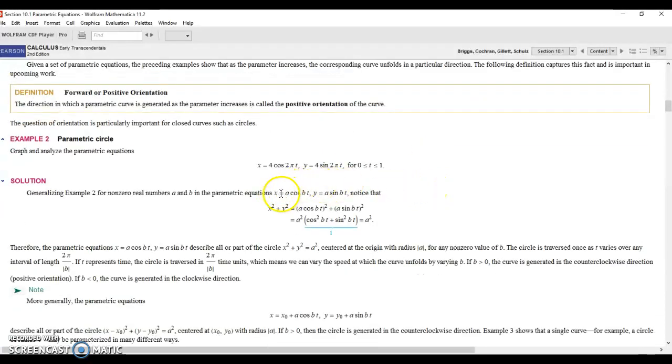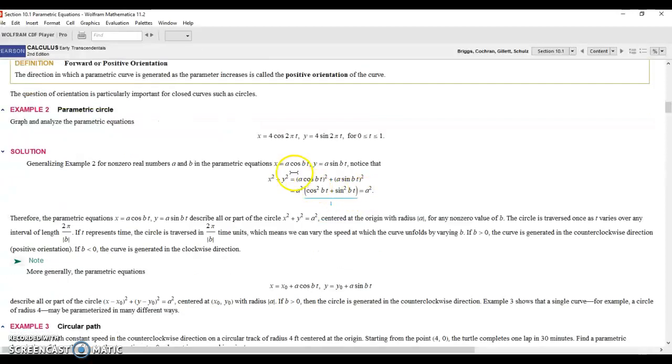In fact, this could just be done with x is a cosine bt and y is a sine bt. This can be done very generically. And when you square both of these and add them together, the a comes out and you get x squared plus y squared is a squared. So on this one up here, this would just work out to x squared plus y squared is 16. So that's the circle that you're sketching.